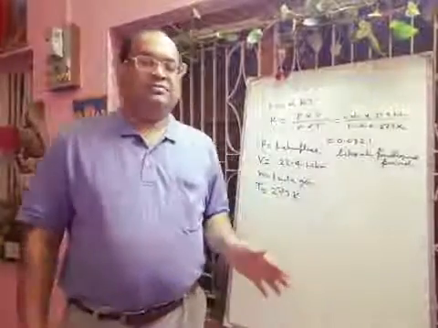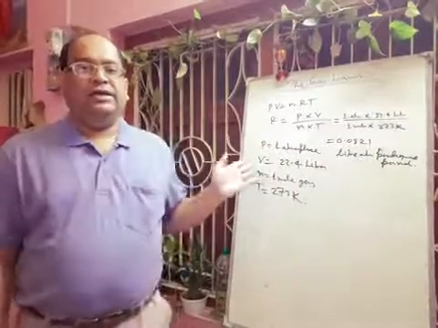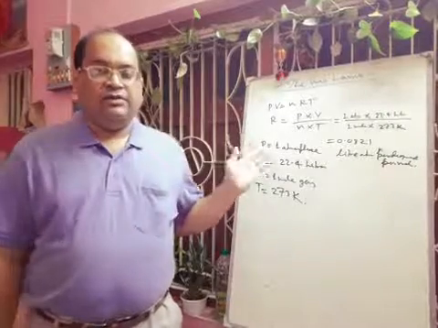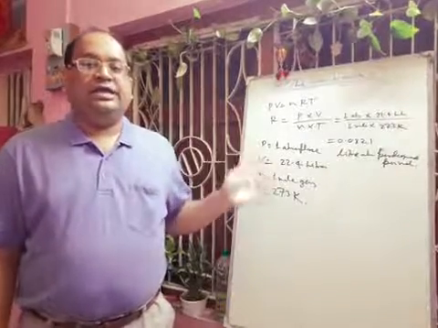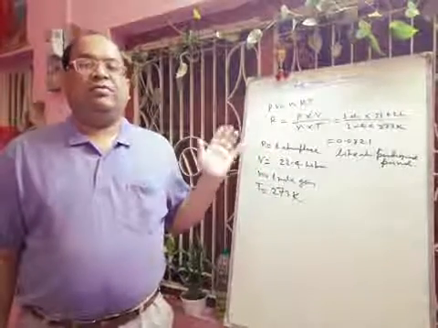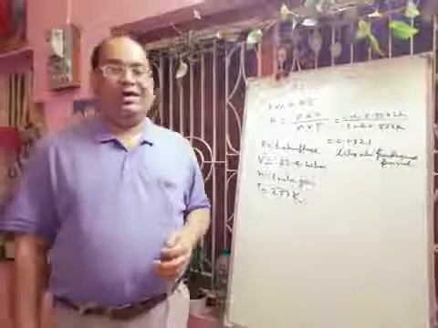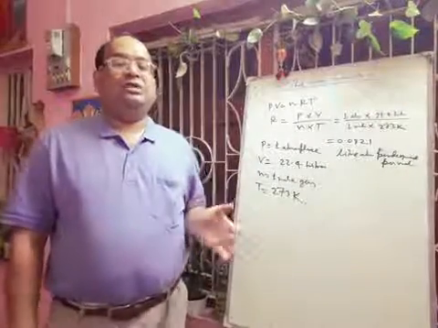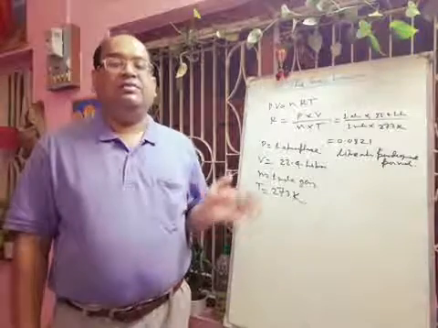But if we write the pressure in bar, then the R value will be 0.083 liter bar Kelvin inverse mole inverse. But if you want to write in joule, then here the R value will be 8.314 joule per Kelvin per mole.